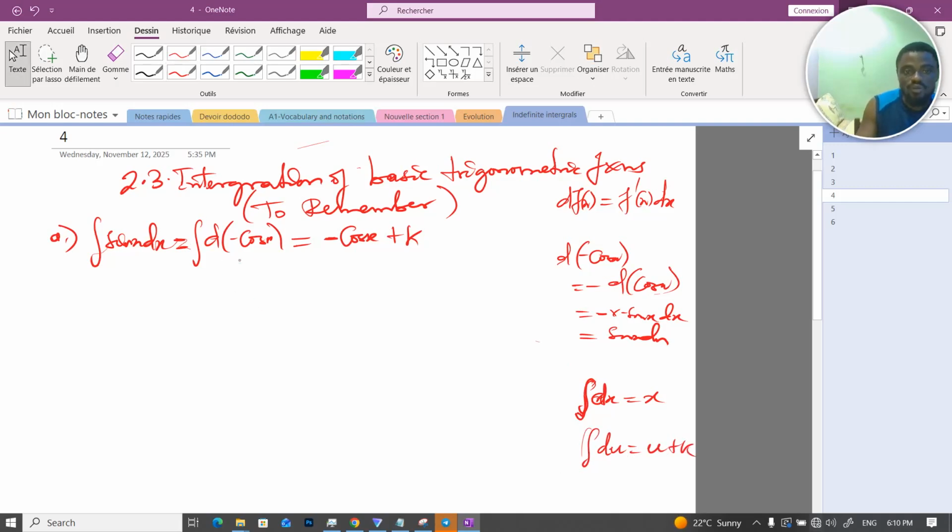So the integral of this will be just what is inside: minus cos x plus k. This is a formula you should remember. So the integral of sine x is what?